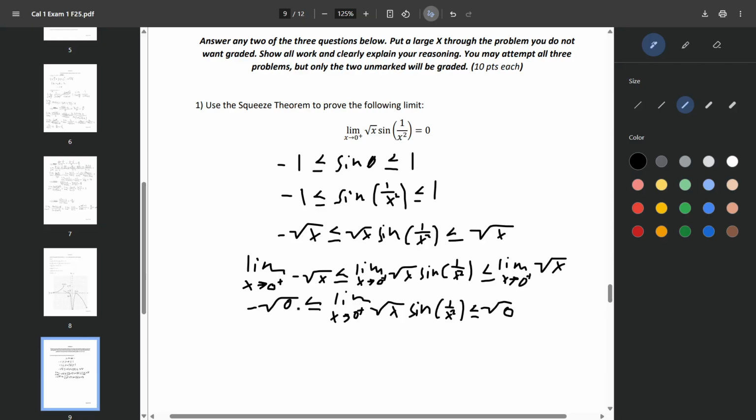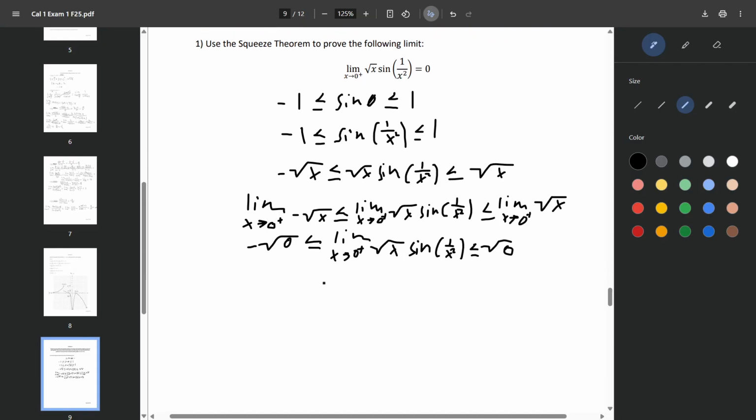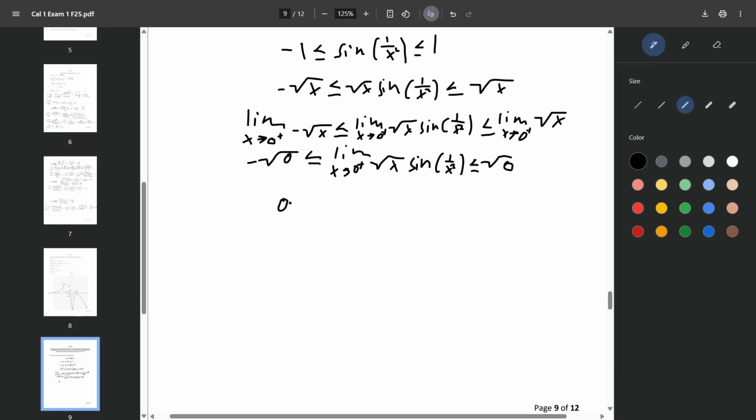And then you just solve for these, which gives 0 is less than or equal to the limit as x approaches 0 from the right of root x times sine of 1 over x squared, which is less than or equal to 0.